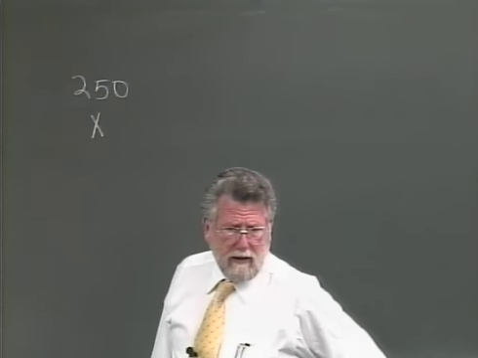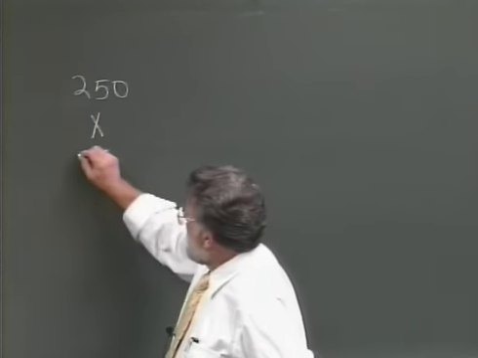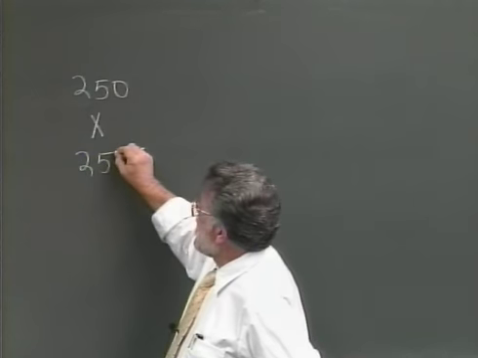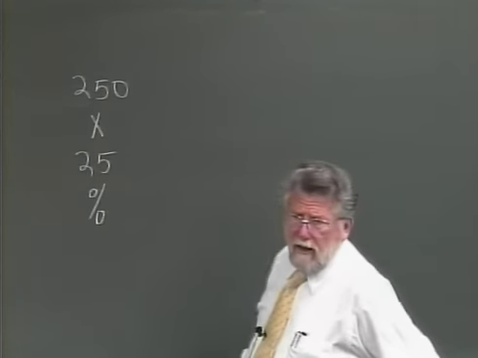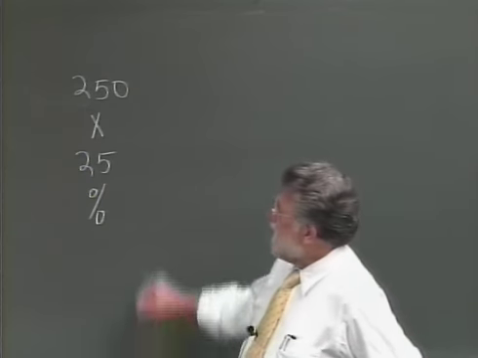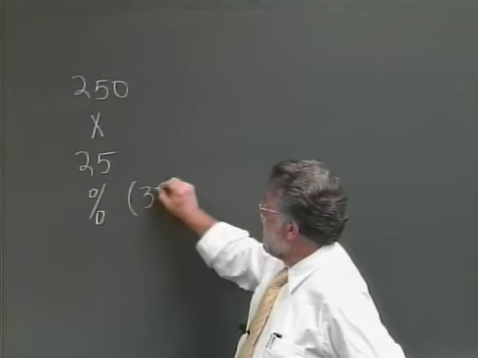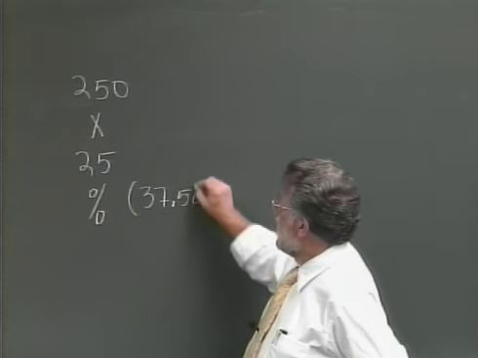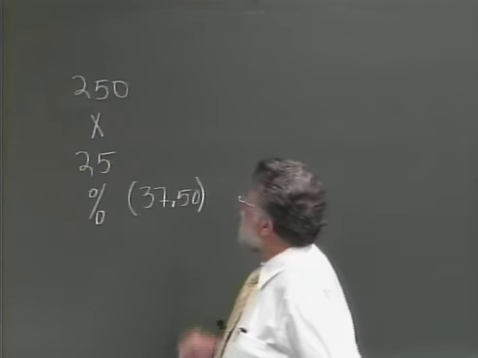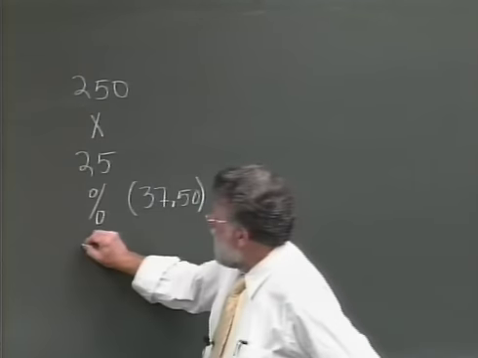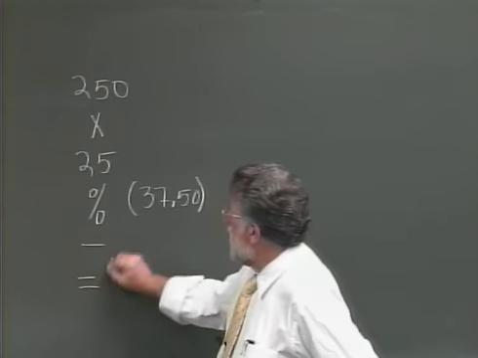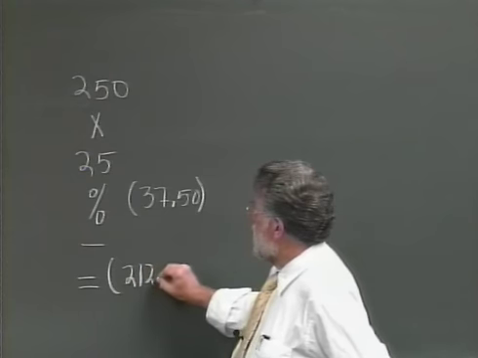Next step. 25. Then you hit the percent. And at that time, I think you saw 37.50. Do we agree? Yes, 37.50. Then you hit a minus key, an equal, and you should have seen 212.50.